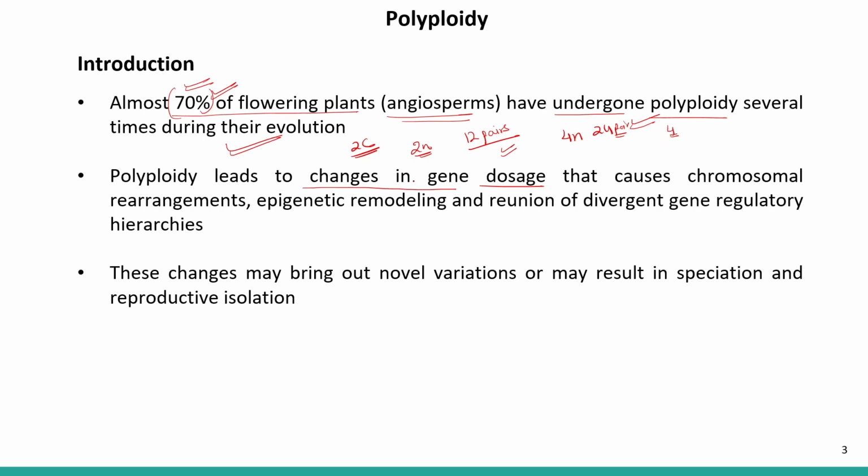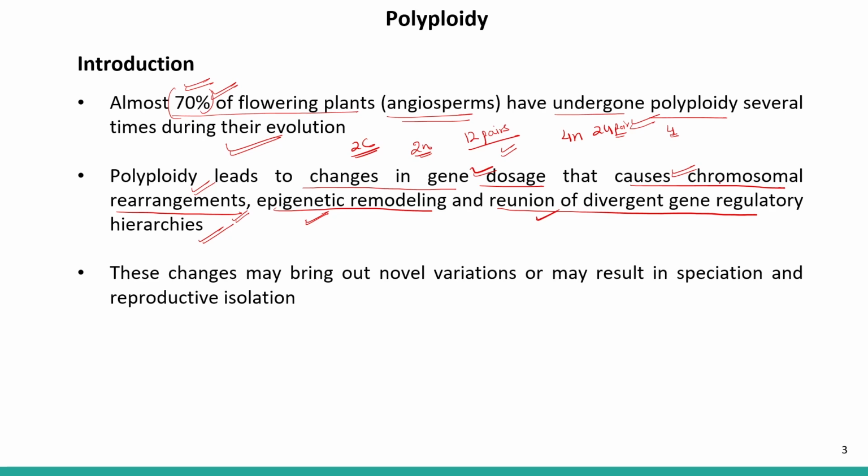The change in the gene dose causes chromosomal rearrangements, epigenetic remodeling, and reunion of divergent gene regulatory hierarchies. So while the cell is undergoing polyploidy, when there is a change in the gene number, there is a phenomenon called chromosomal rearrangement, epigenetic remodeling and reunion of divergent gene regulatory hierarchies.